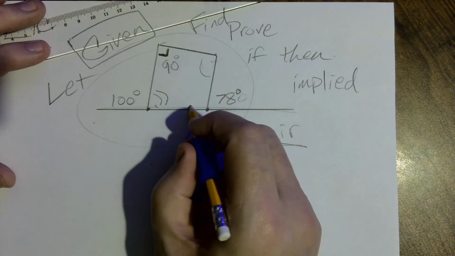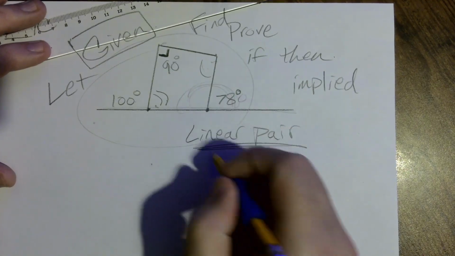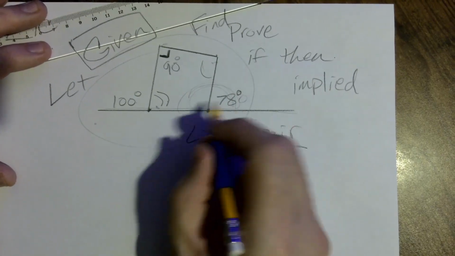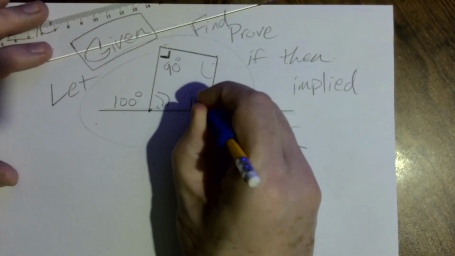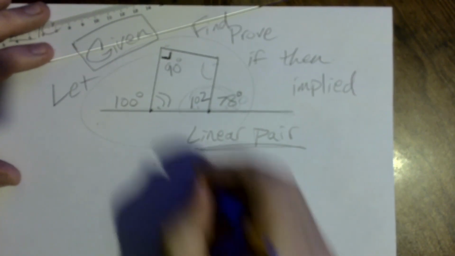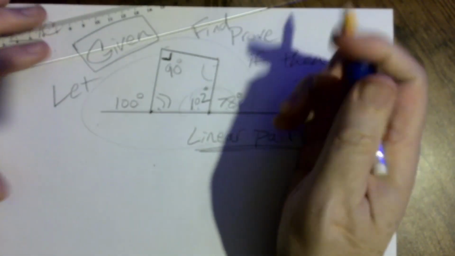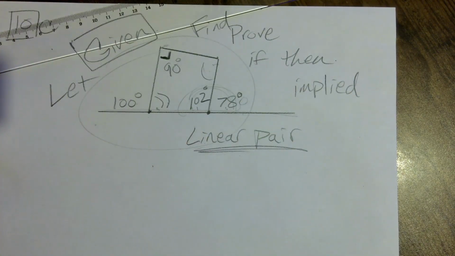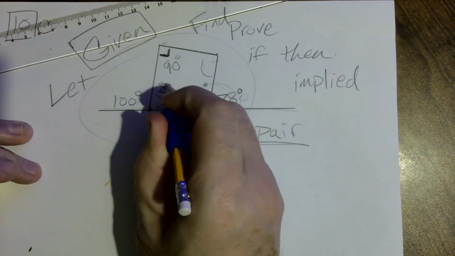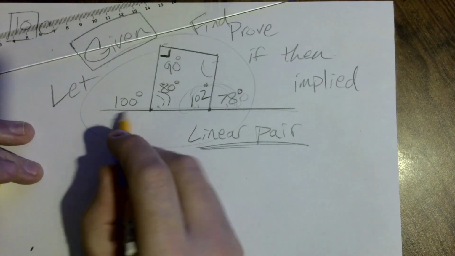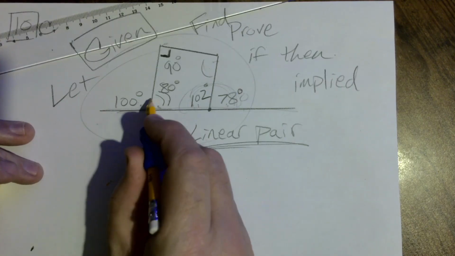So that means 180. 180 going this way between just two angles, this one and this one. So that means this is 102. Has to be. That is true. And over here we know this has to be 80, because this is a linear pair.